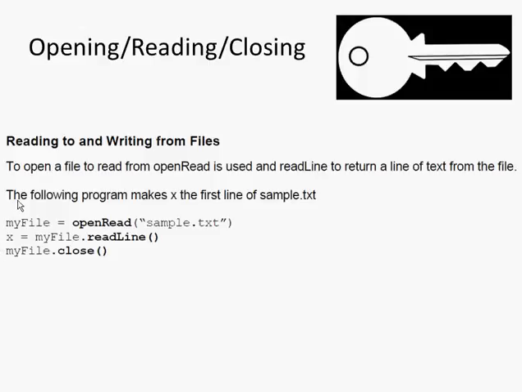Then we've got a variable x, and that is made equal to the first line of myFile, because we're doing x = myFile.readLine(), and readLine returns a line of text from the file. Once that's done, we will use myFile.close() to close the file again, and x would still have that first line of text in there. But that's a pretty simple example from the pseudocode guide of how to open, read from and close a text file.